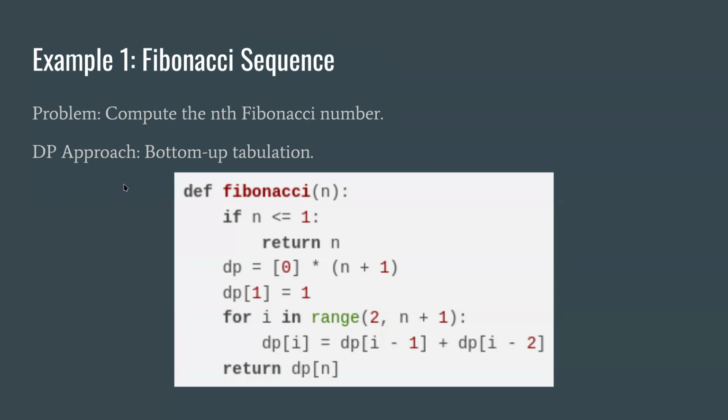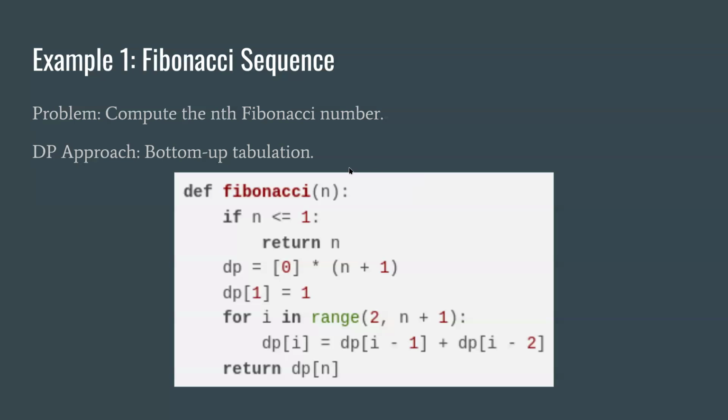In this approach, we can create a table to store the Fibonacci numbers up to the nth number and iteratively compute each value based on the two preceding values. And this approach ensures that we only compute each Fibonacci number once. Therefore, we are leading to an efficient solution.